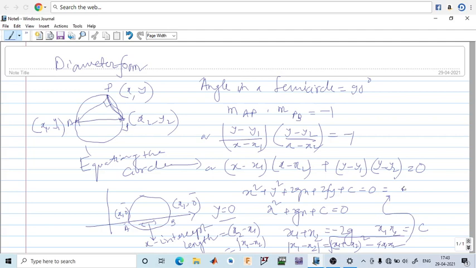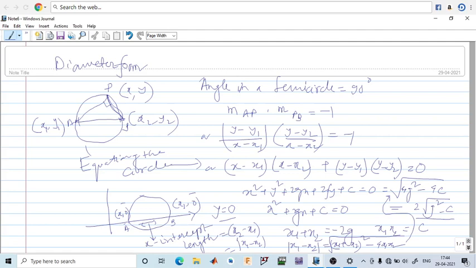That is 4g square minus 4c. Take 4 outside, then it will be 2 root g square minus c. So the formula is: the x intercept length is 2 root g square minus c.